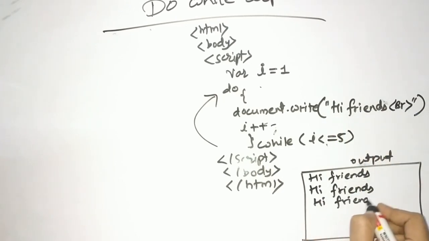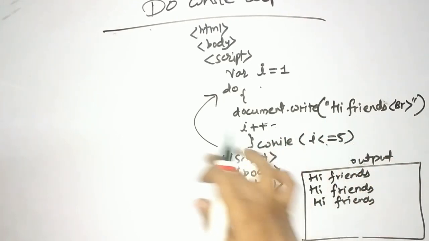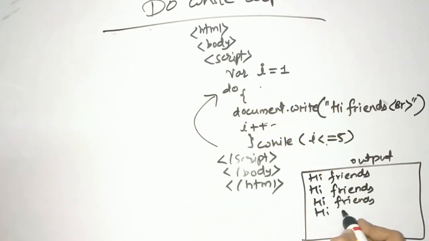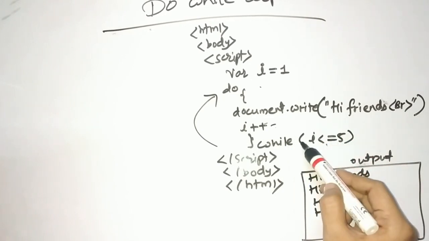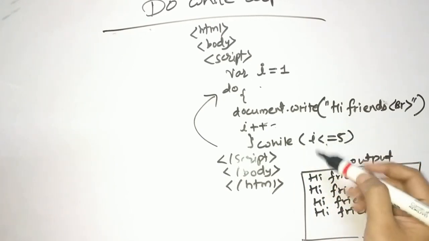Now 2 plus 1 is 3. 3 is less than 5, yes, true. So it will go and print again. So now it becomes 4. 4 is less than 5, yes, it is true. So it will come and print. Then 5 is less than or equal to 5.